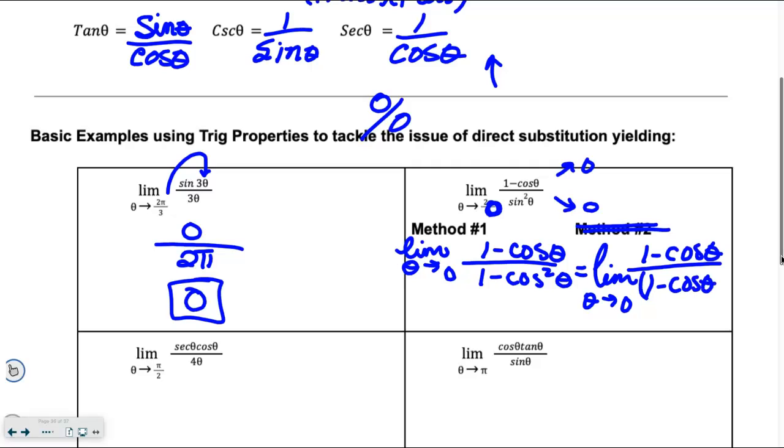And when I factor it, that's a cosine theta, by the way. I spit out my gum so I'm not munching in your ear. I now can cancel. And so when I re-plug that approach in, which would be my 0, 1 plus cosine 0 is 1 plus 1, or 2. So that limit goes to half.